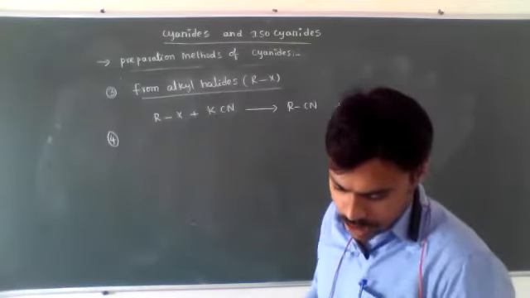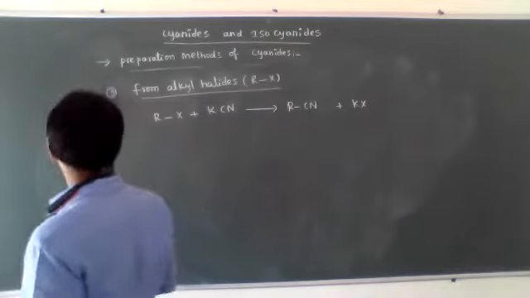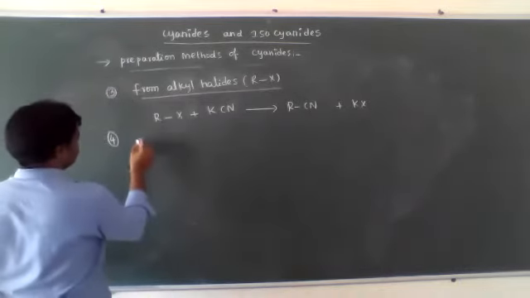The fourth preparation method of cyanides is from oximes.